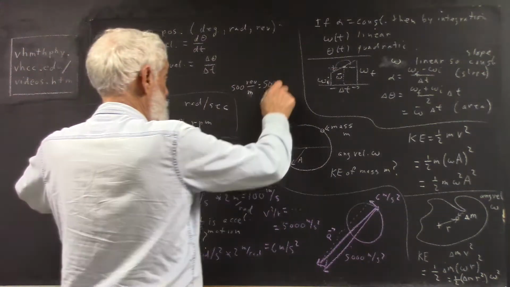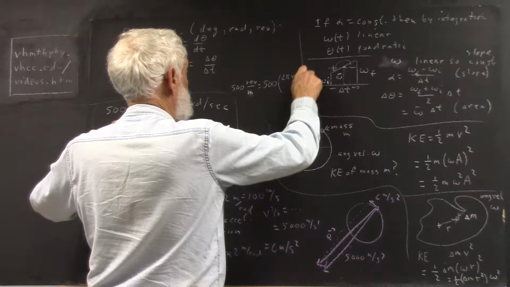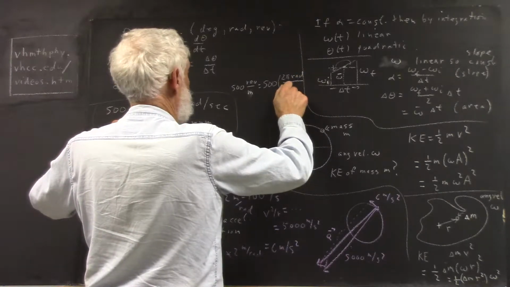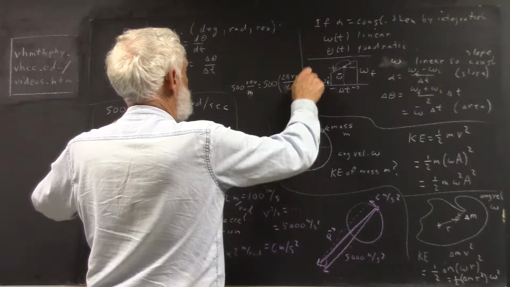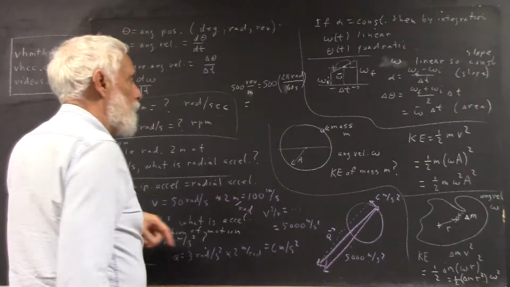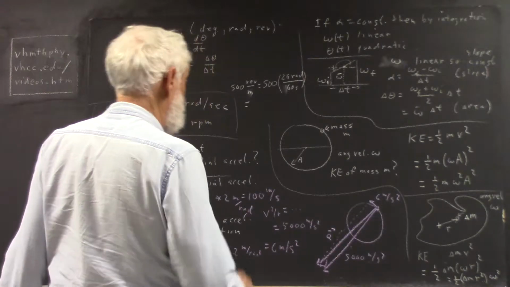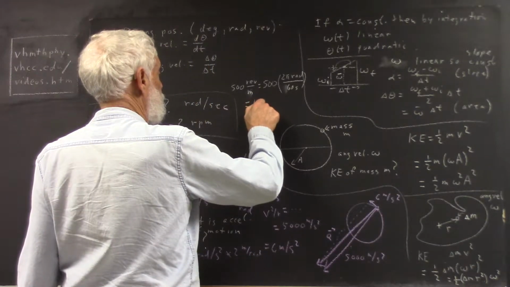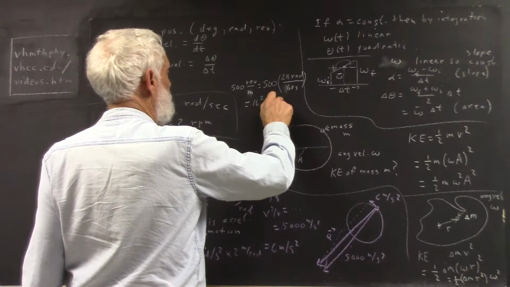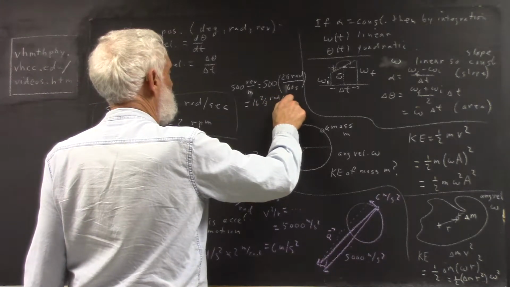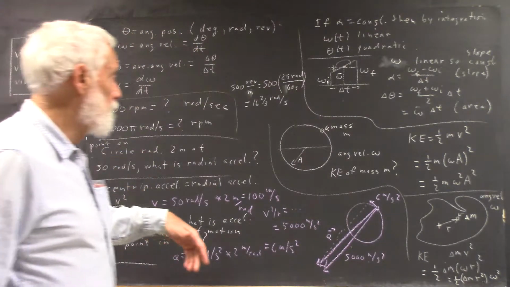A revolution is 2 pi radians. So that's 500 times 2 pi radians divided by a minute, which is 60 seconds. Well, that comes out 1,000 pi divided by 60. Turns out to be 16 2/3 radians per second, if I did my calculations correctly.